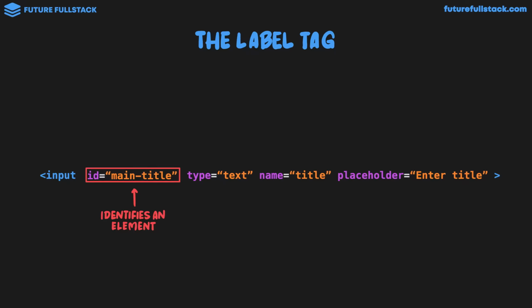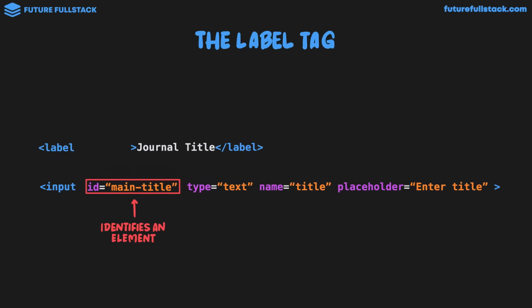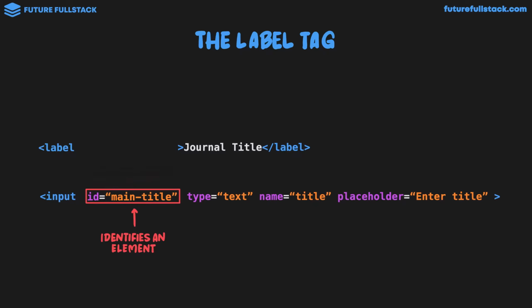It is also common for the ID attribute to be the first attribute, so that's why I've put it at the start. We can now add the label tags, which is made up of an opening tag and closing tag, wrapping the label text, in this case, journal title. To connect this label element with the journal title input, we need to add a new attribute called the for attribute.